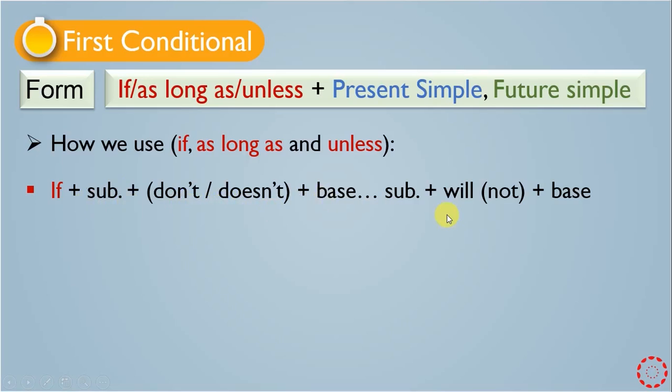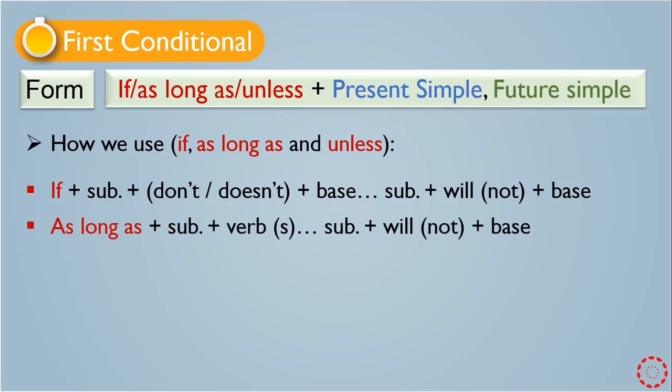The second sentence, as we said, is future simple. We have subject, and then we have will, and then we may have won't, I mean the negative form, and then we have base. So with if, we may have the present simple sentence, and the future simple can be the positive, or it may be the negative form.